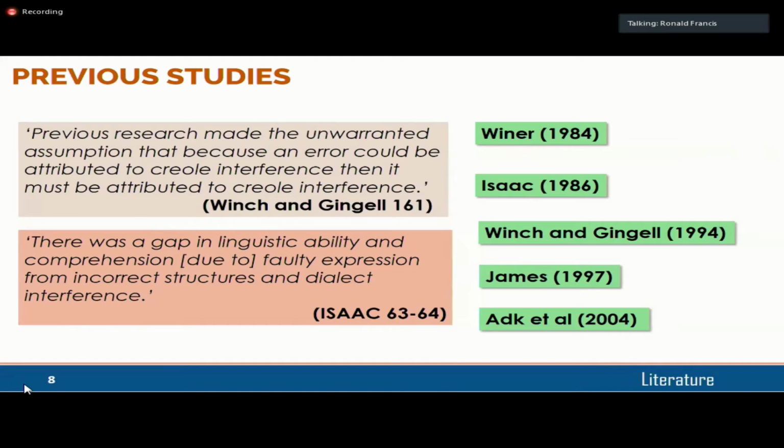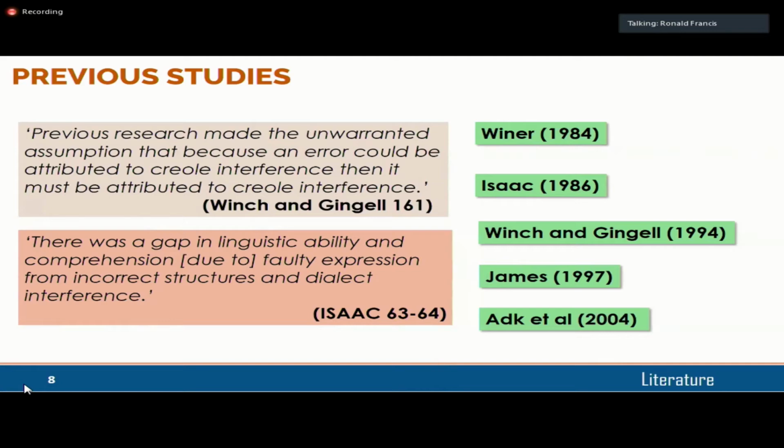There are previous studies that looked at basically Creole interference or Creole influence in the writing of students. The two relevant to St. Lucia are divergent in their conclusion. So Wint and Gingell, who were two British teachers who did research in St. Lucia in 1994, said that previous research made the unwarranted assumption that because an error in writing could be attributed to Creole interference, then it must be attributed to Creole interference.